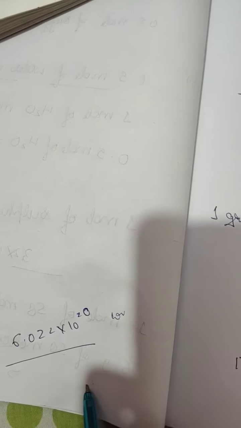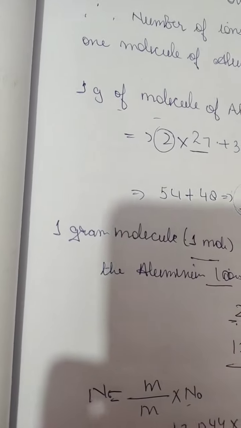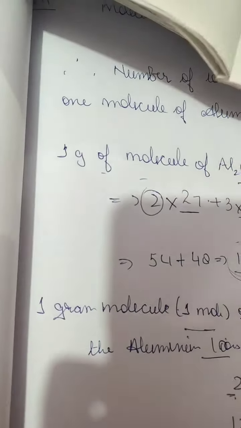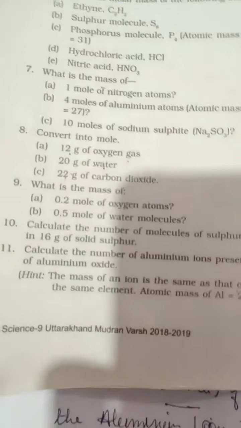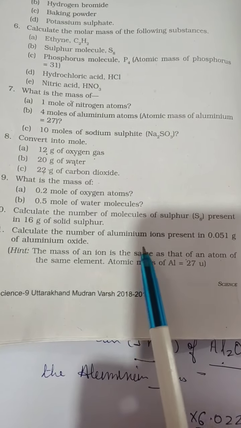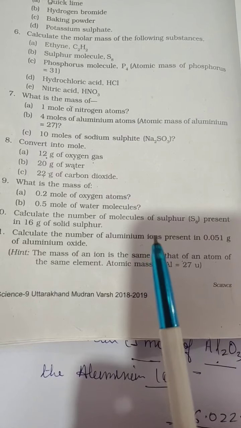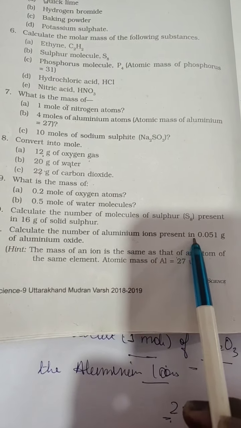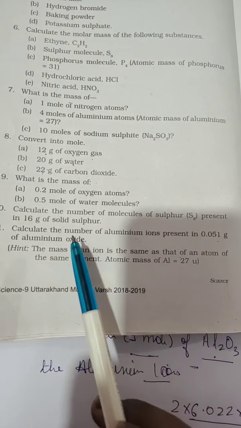When you solve this, you will get this number. Okay, so that's very simple. What we have done in the question, I will explain again if you have any problem or doubt. In this, we were asked to calculate the number of aluminium ions present in 0.051 grams of aluminium oxide.